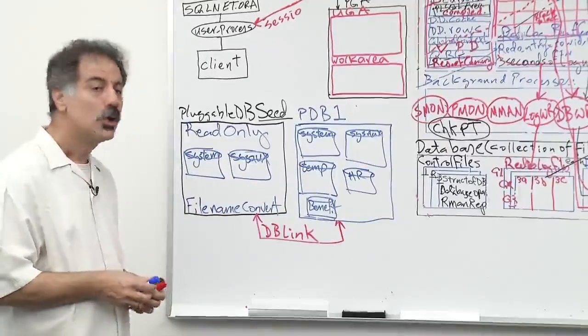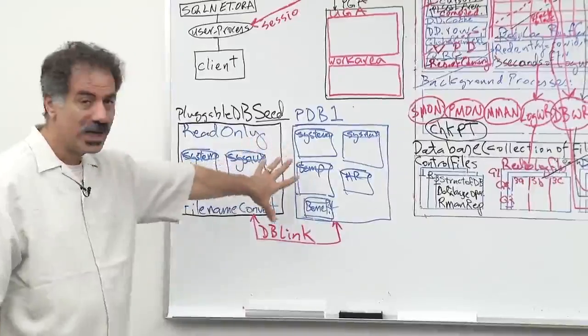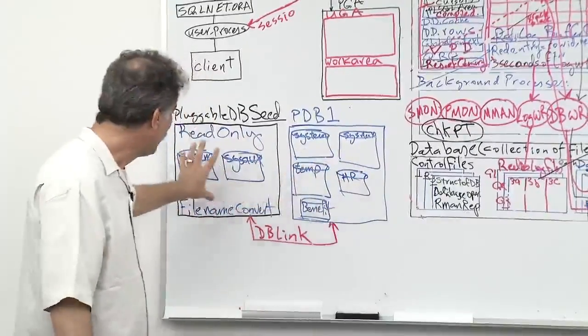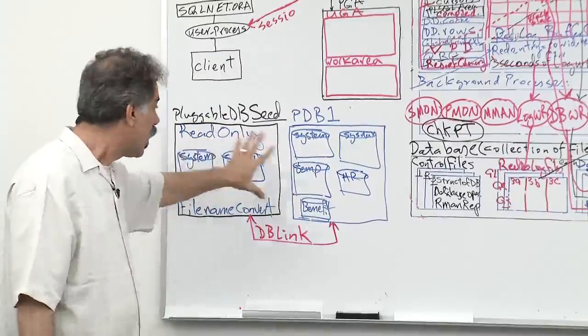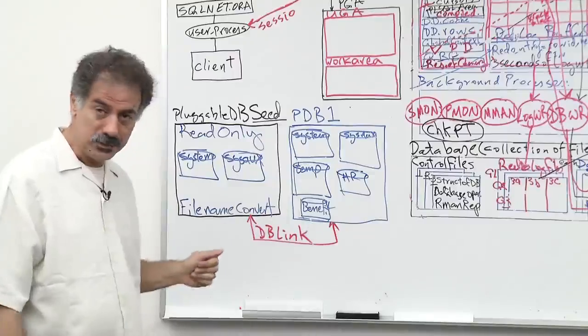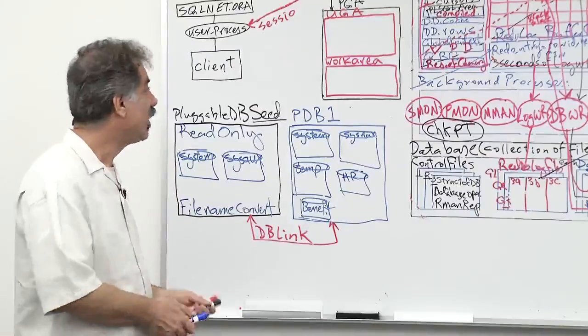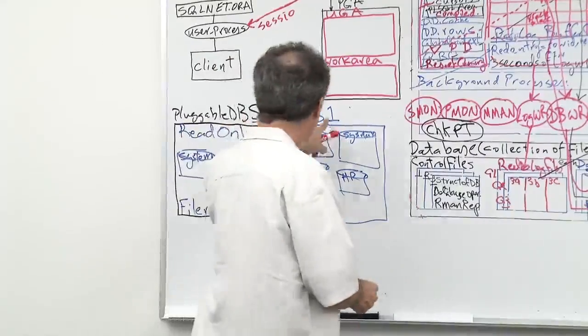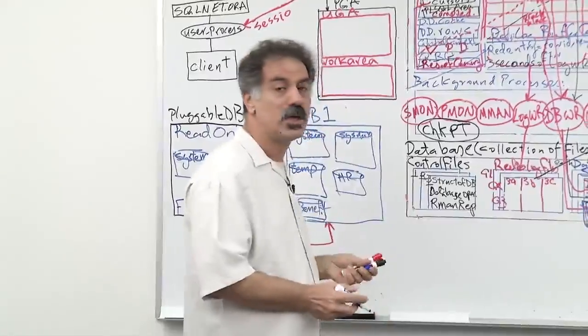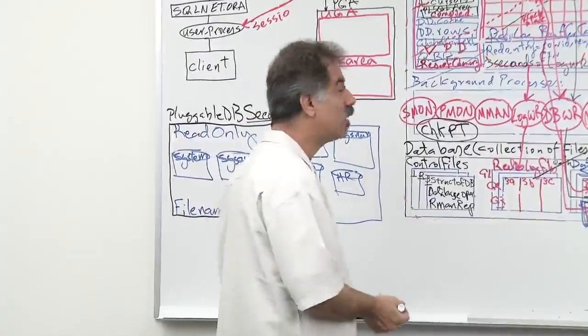All right? So now I have created a pluggable database, and then we have our PDB seed. When these are created, by default, a database service is created in the name of these particular pluggable databases.